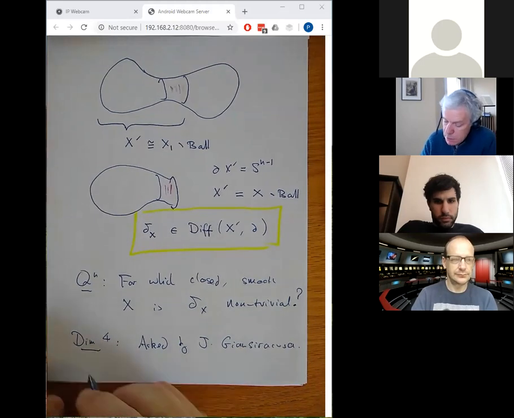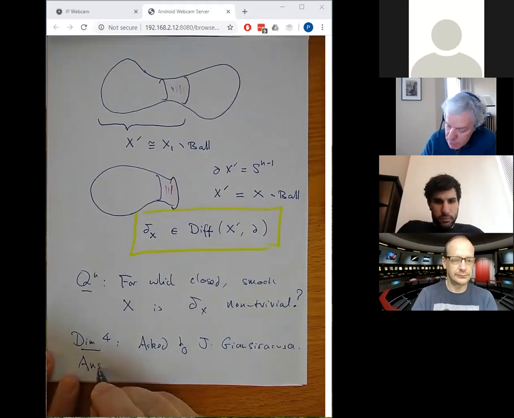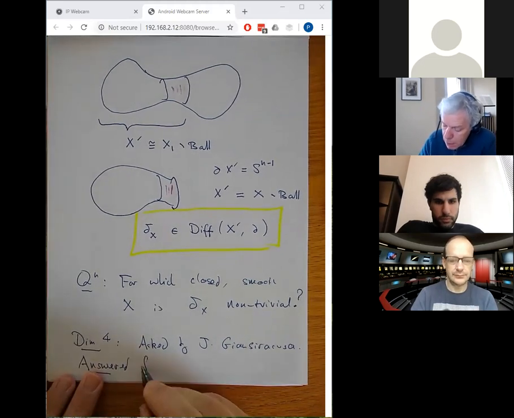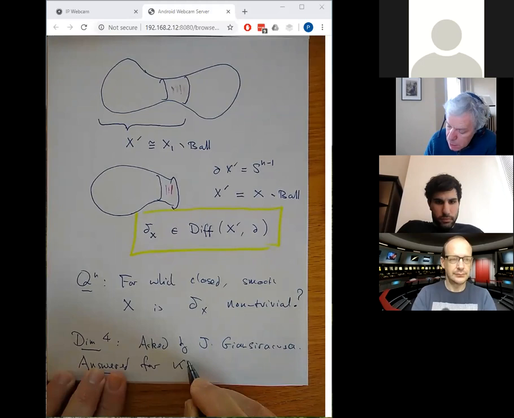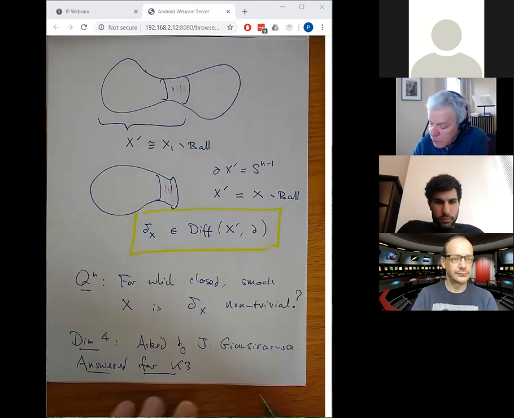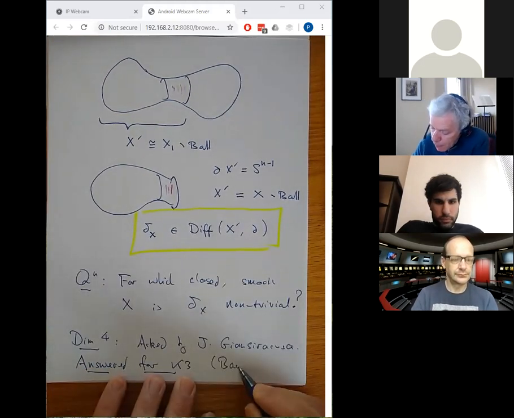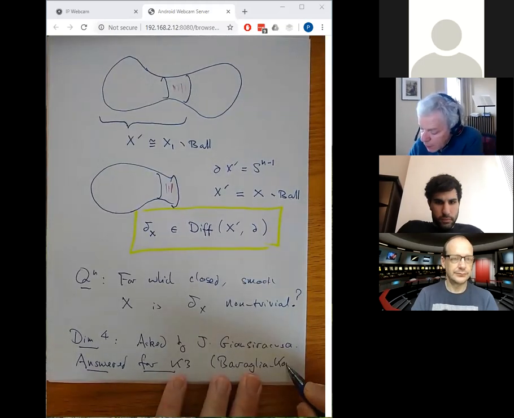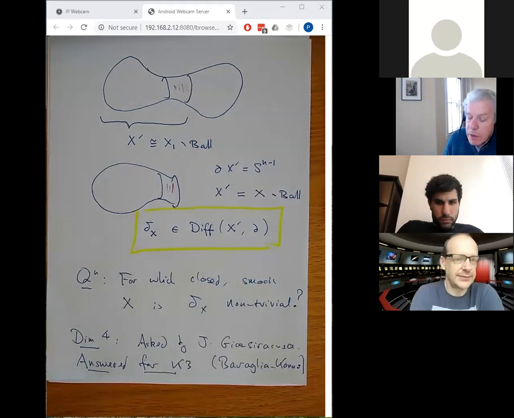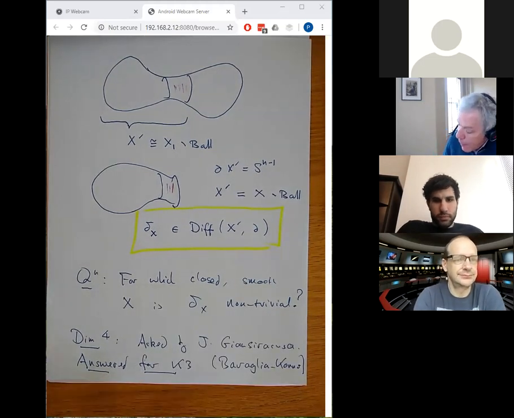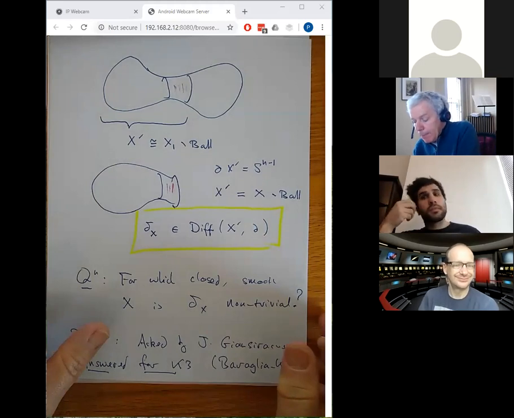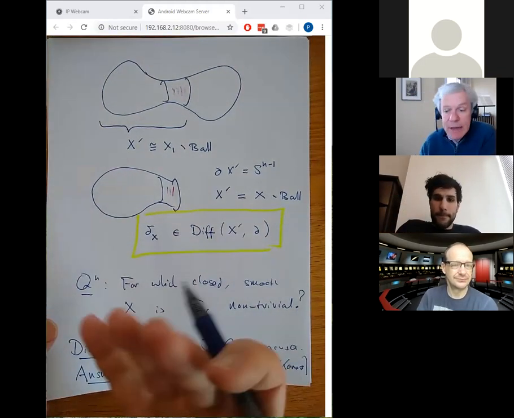And to come back to my introduction comments, this is, in a very slightly different formulation, the question that was answered for the K3 surface by Baraglia and Konno. So this question was answered in the negative.